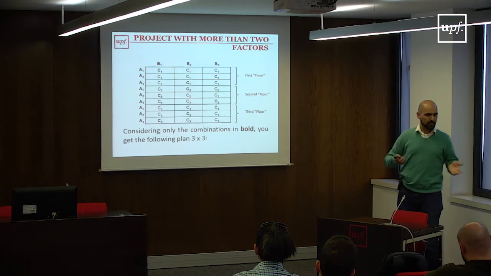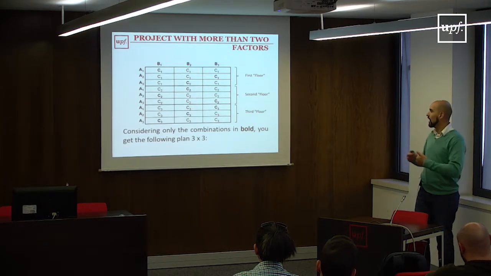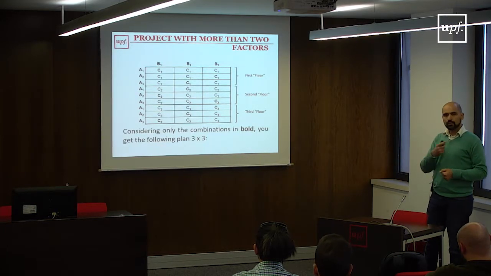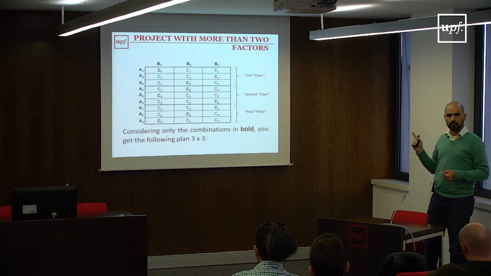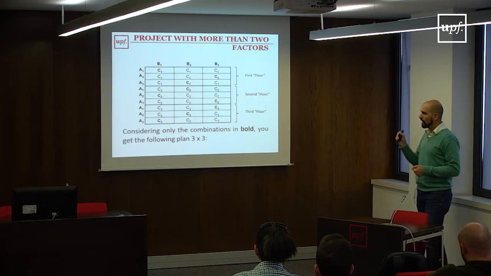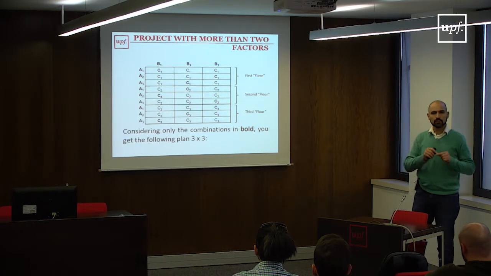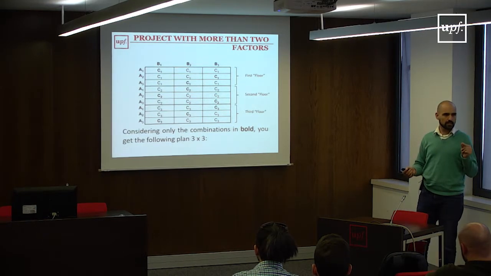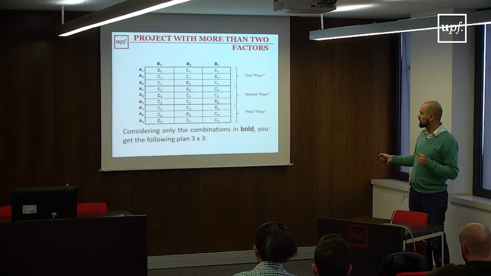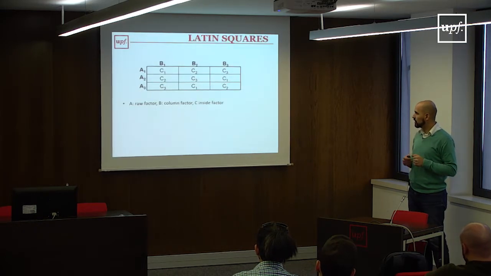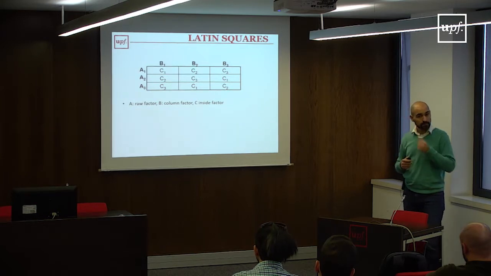Of course, the answer is yes, otherwise we would not be here. Let's see how. The idea is I can choose some of these combinations wisely in order to explain the variation of the whole study. So I select only some of these combinations, the ones that are in bold, and I create a new matrix.